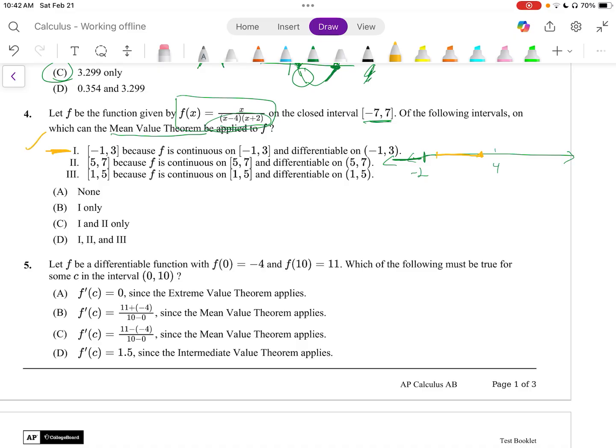From 5 to 7, because it's continuous and differentiable on 5 to 7, is that okay? Yep. So from 5 to 7 is from here to here. Let's say this is 7. That's okay, and that's a check. And then from 1 to 5 crosses over that 4, so not this one. So 1 and 2 only, so our answer is C.